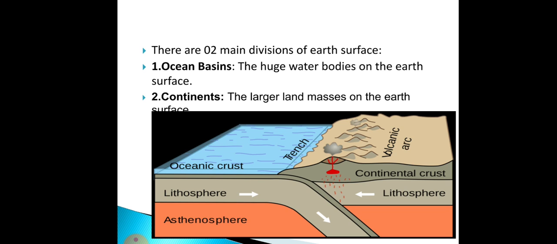Here in the picture you can see one side is oceanic crust and the other side is continental crust, where on both sides we find lithosphere, but the way of working is different. One is on the water and the other on the land. So let us see in detail.